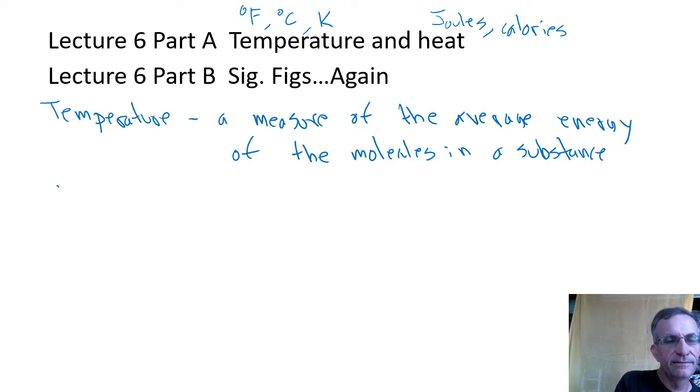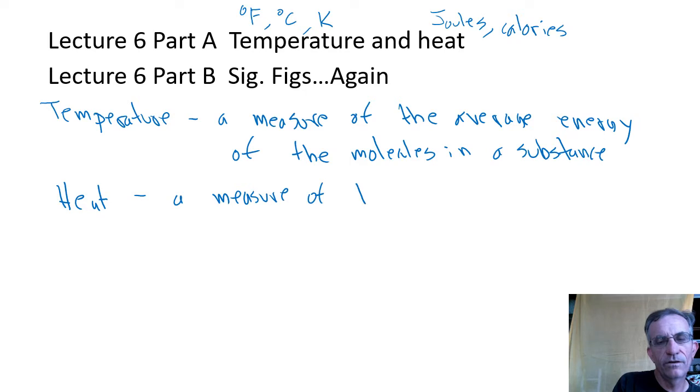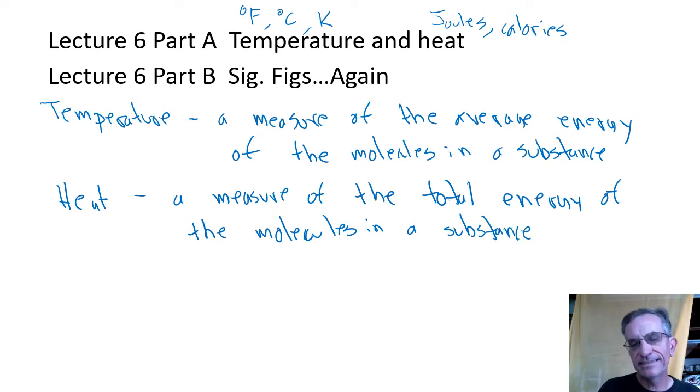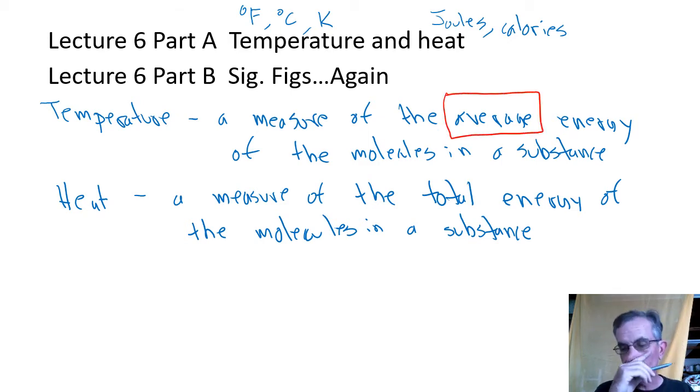Heat, on the other hand, is a measure of the total energy of the molecules in a substance. The total energy of the molecules in a substance. So the big difference is the word average. And then the other word that's different when we get to heat is total. So the average energy versus the total energy.